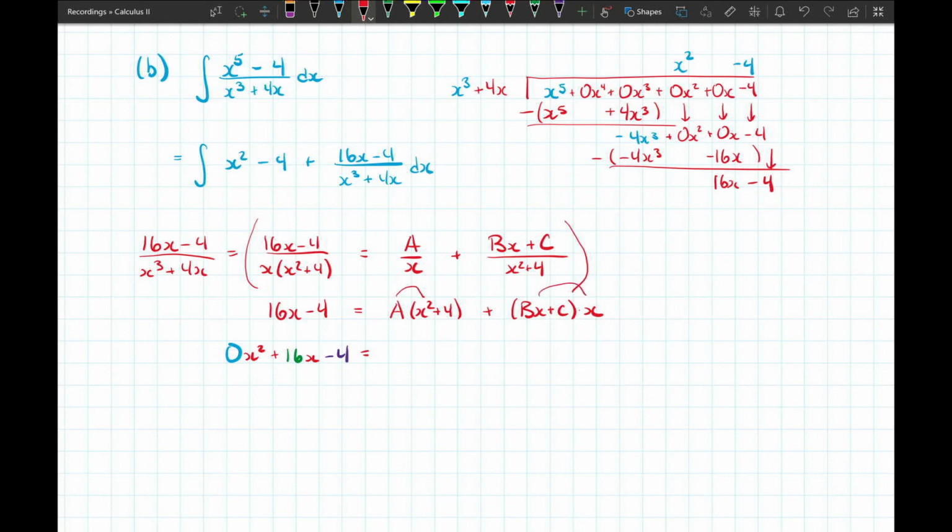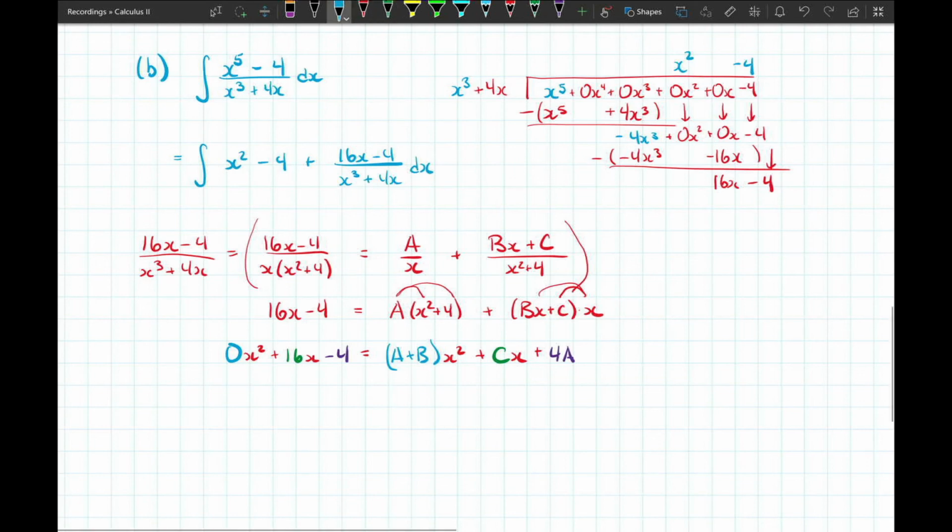So combining those together, I have A plus B x squared. Distributing the x onto the C here will be the only term involving just x to the power 1. And the only way I'm going to get a constant on the right-hand side is when I distribute A onto that 4. Now, each of the corresponding coefficients on both sides of the equation must be equal to each other, since this equation must be true for any value of x.